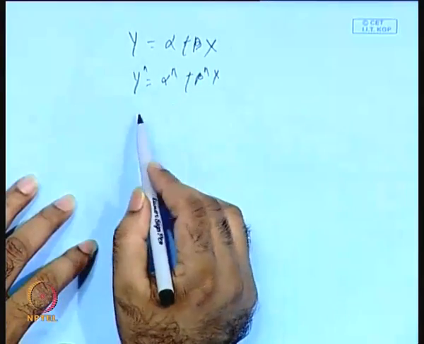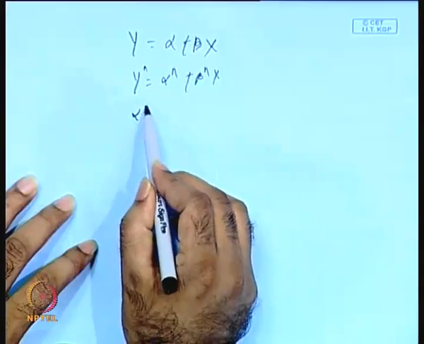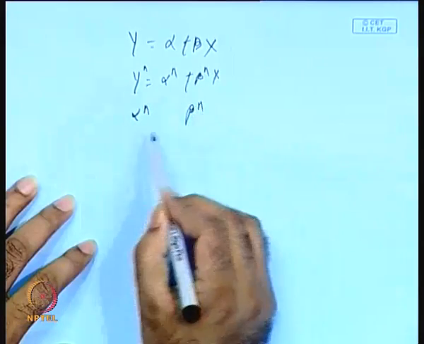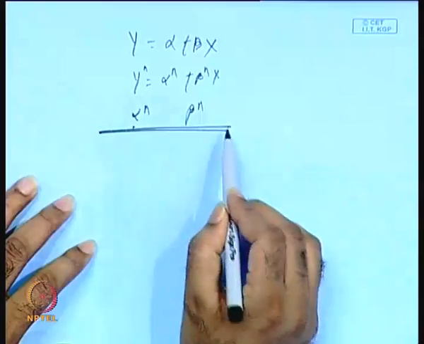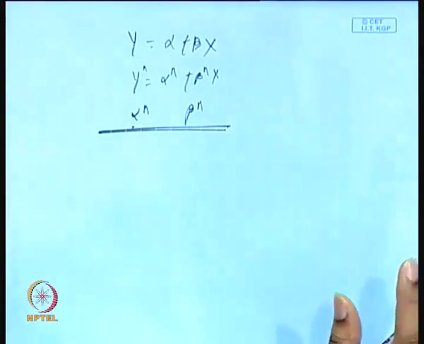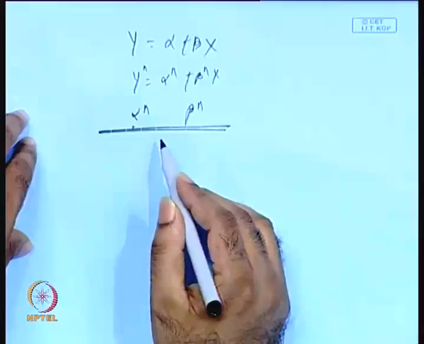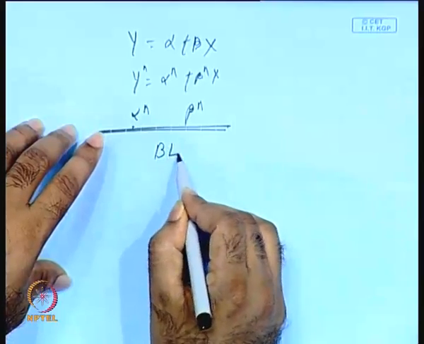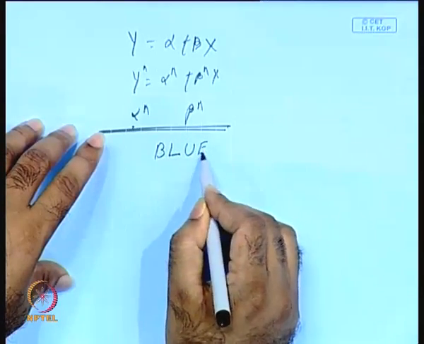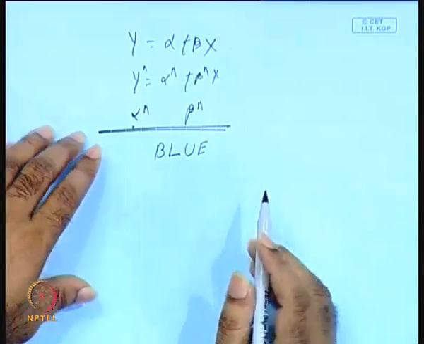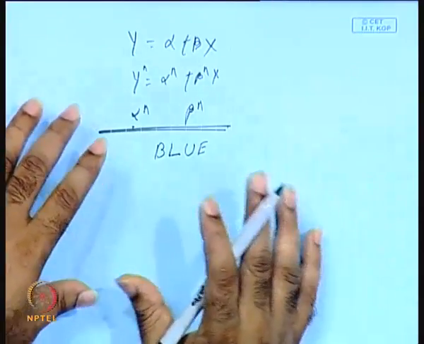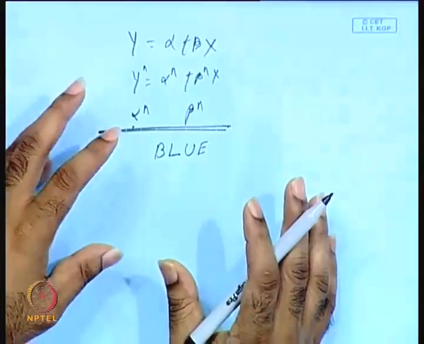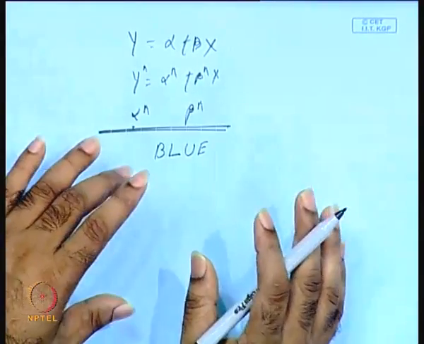So now we have two standard estimators, the alpha estimator and the beta estimator. These estimators should follow certain principles, represented by the term BLUE, best linear unbiased estimators. That means whatever estimators we receive, alpha hat and beta hat, should be best, linear, and unbiased.